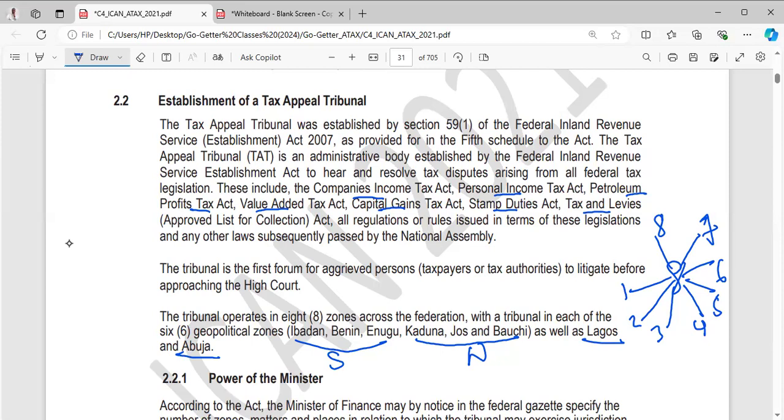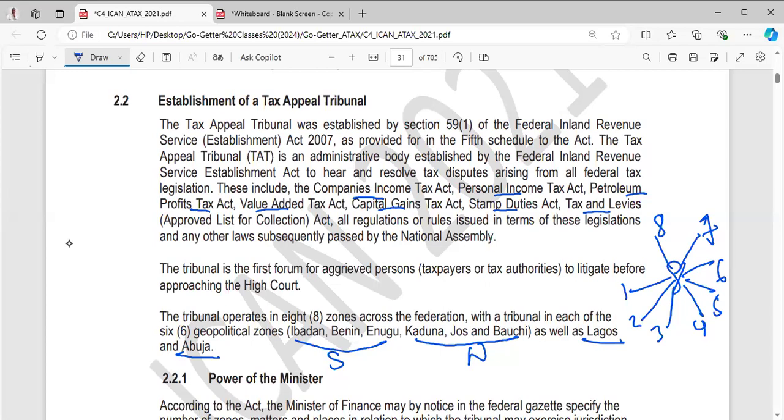So if there is a dispute in Enugu or in Imo State or in Abia State or in Anambra or Ebonyi State, if they want the tax appeal tribunal to hear them, they will have to go down to Enugu.